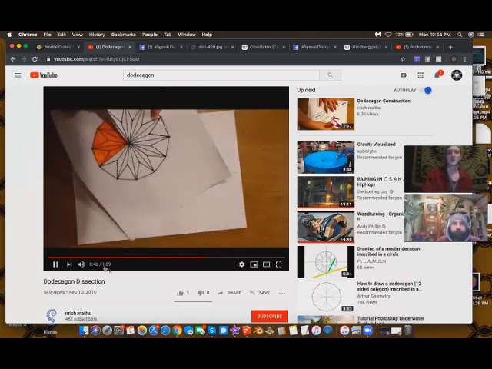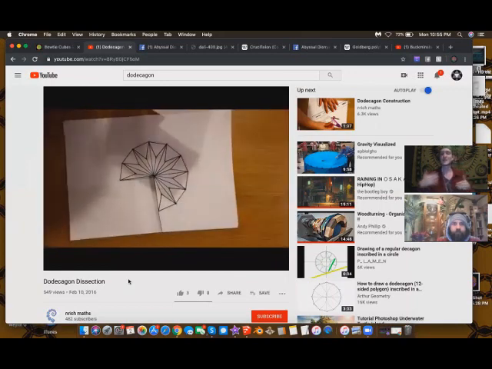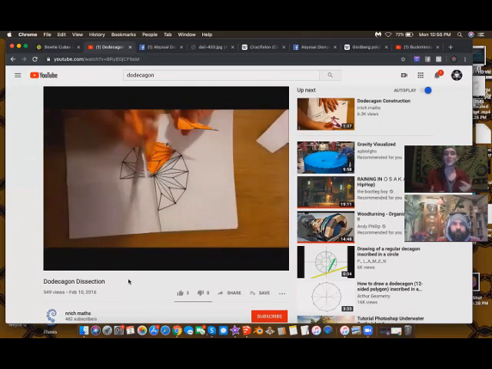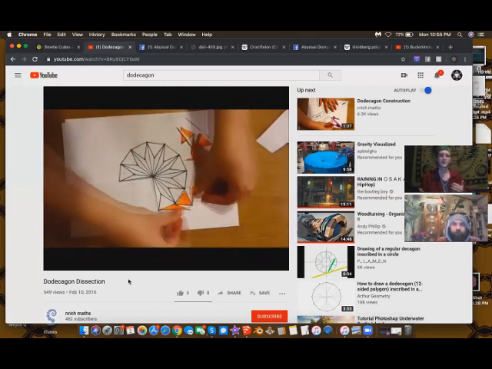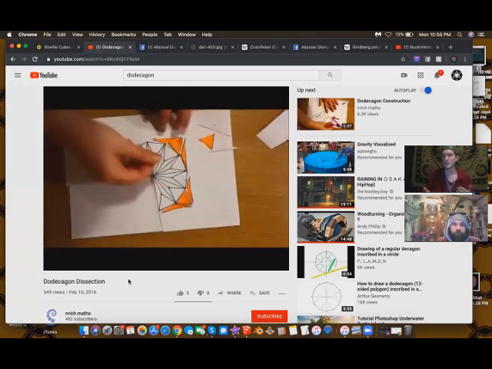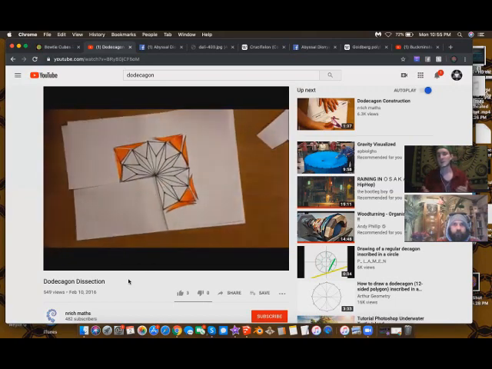Here, this person takes a dodecagon and cuts out these different sections, and this isn't quite the same, but it is very similar. And there you have a cube. You can do this with your whole tiling, and change how it all fits together in different components and look at it in component sections.